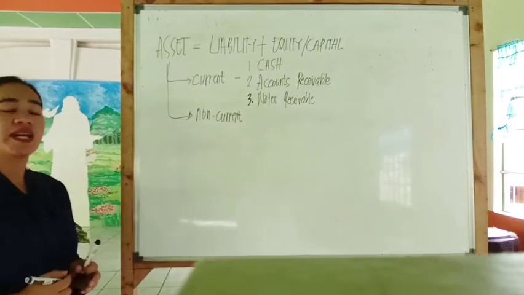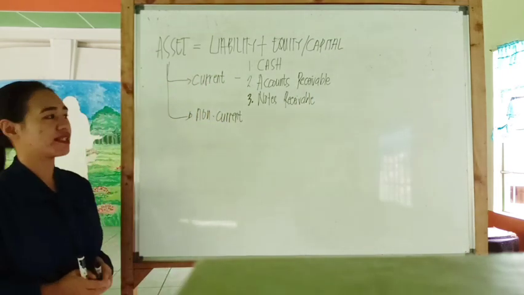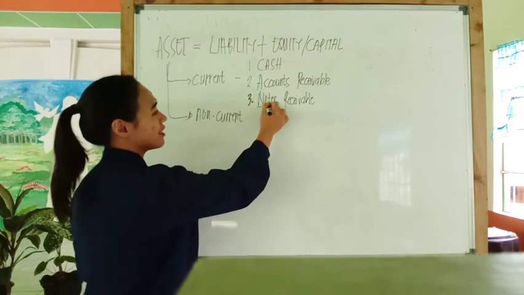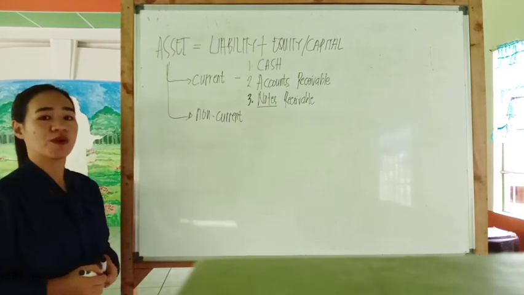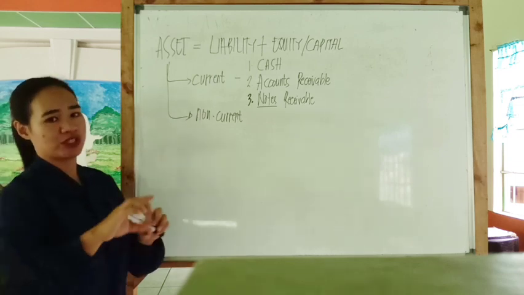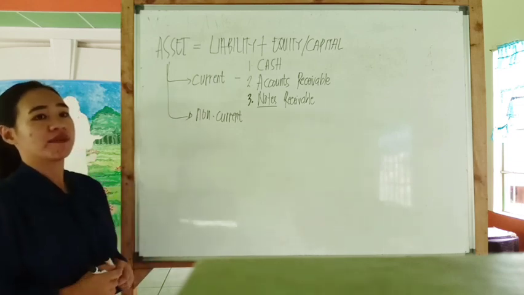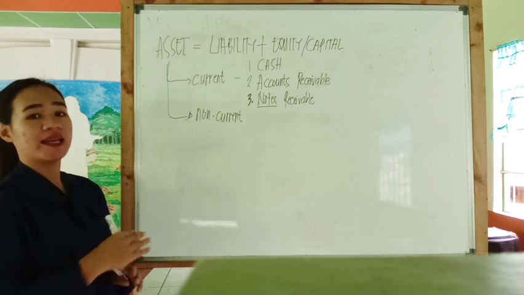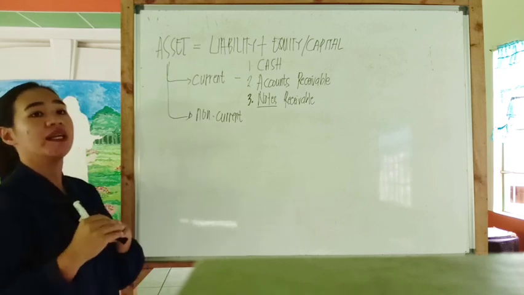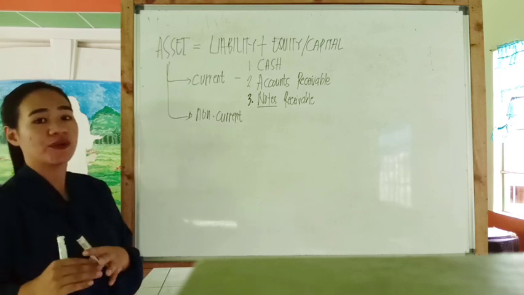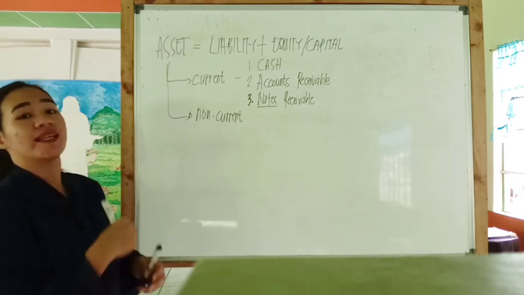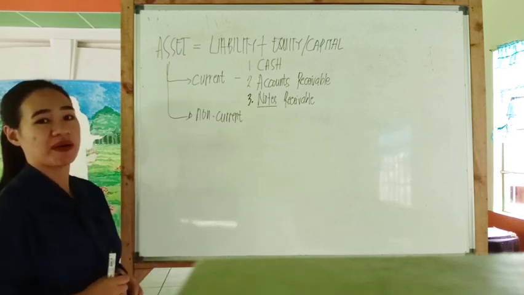Okay, so the difference of your accounts receivable and notes receivable is that in notes receivable, there is a presence of a promissory note. So, may note siya na sasabihin and then the name of the debtor, and then sasabihin nagkautang kay the creditor ng amount, and then sasabihin yung time kung kailan siya babayaran.